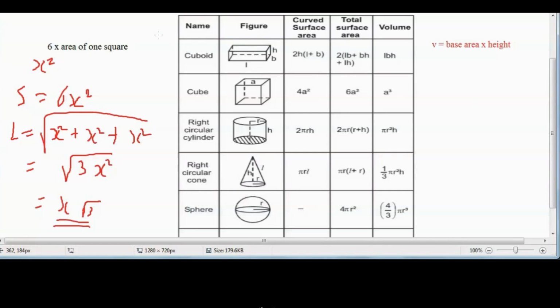So that means I'm going to write x squared multiplied by the height, which is also x. All these sides are equal, so everything will be x throughout. This is x cubed. The volume of a cube is given by the formula x cubed. V is equals to x cubed.